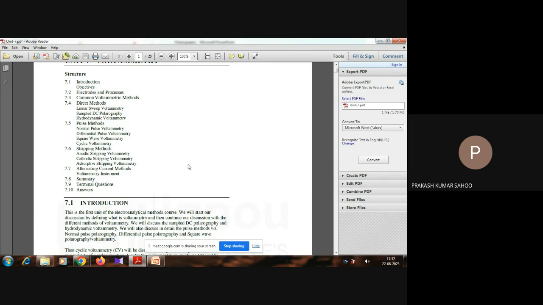We just have a brief knowledge on these parts, but IGNOU prepared very good material for you, where each and every section of this voltammetry is explained very beautifully, and if you wish to understand the things, this PDF is very much helpful than my PPT. Okay, so let's go through this PDF first, and if any problem arises, then we may see our PPT.